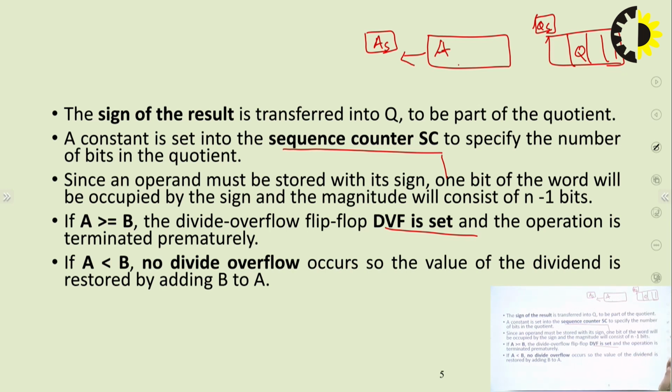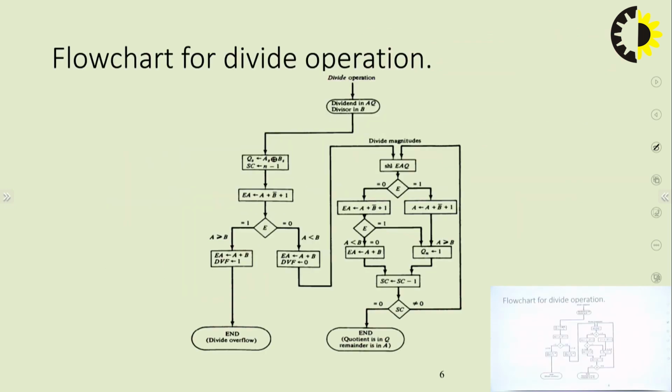If A is less than B, there is no divide overflow, so the value of the dividend is restored by adding B to A. That's why this is called the restoring algorithm. So this is a flow chart for the divide operation, and it is the restoring algorithm.